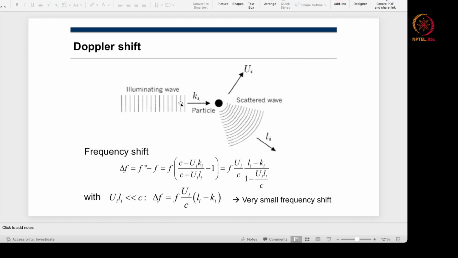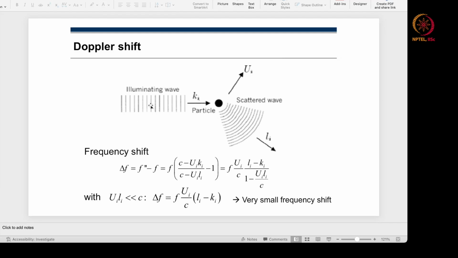Li is basically the direction in which the scattering is measured, and ki is the direction of the illuminating wave that is falling on the particle, and the particle has a velocity ui. This can be any arbitrary direction in which the particle may be moving, and it is a combination of two cases.